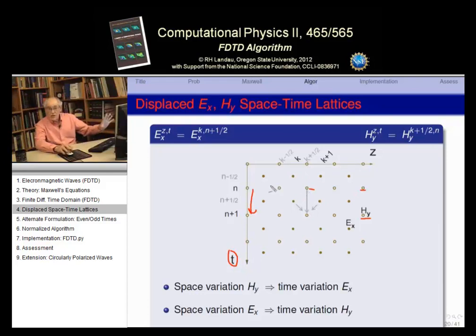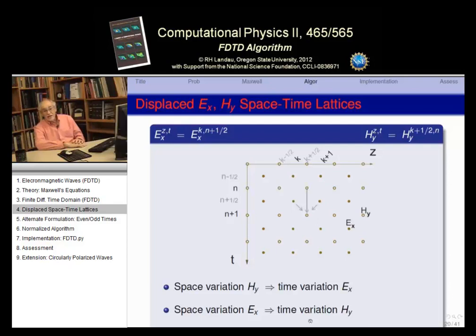So we have, in a sense, a displaced lattice for the electric field and a displaced lattice by half a step for the magnetic field. But it works just as we've said. The space variation of the magnetic field gives you the time variation of the electric field, and the space variation of the electric field gives you the time variation of the magnetic field.